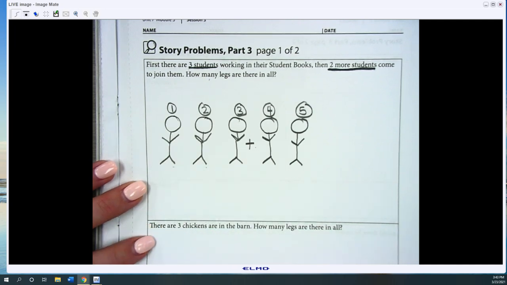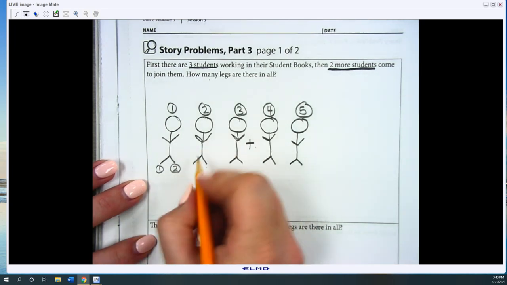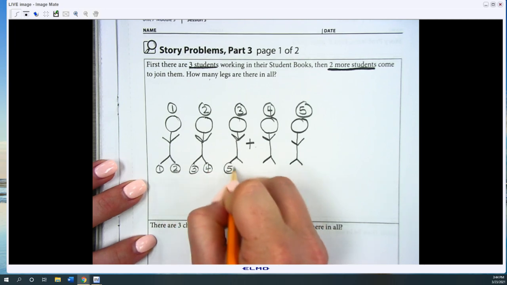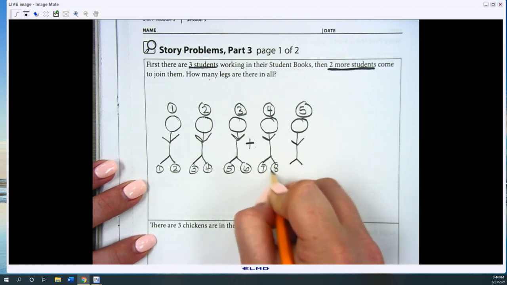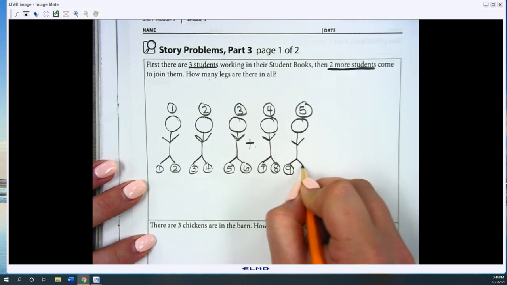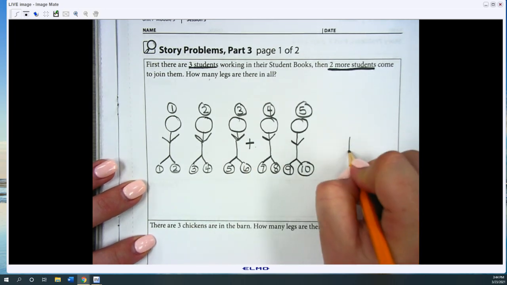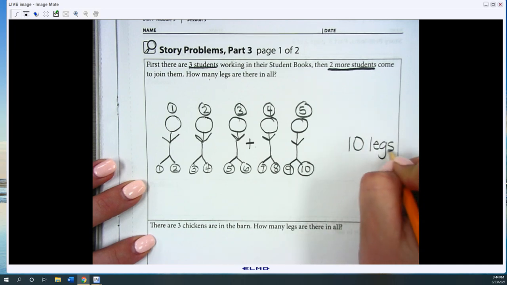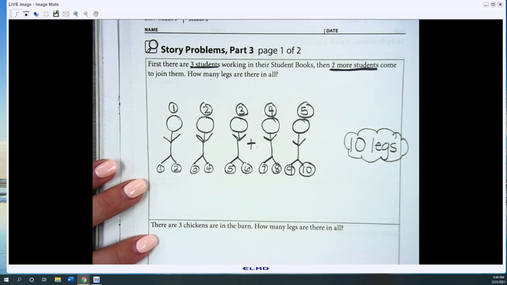So I'm going to go ahead and count the legs. 1, 2, 3, 4, 5, 6, 7, 8, 9, 10. So I know that there are 10 legs. And that would be my answer.